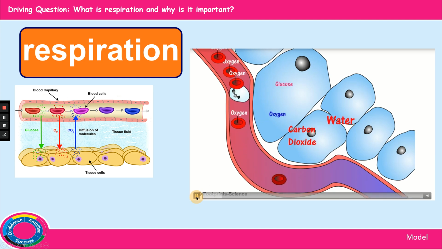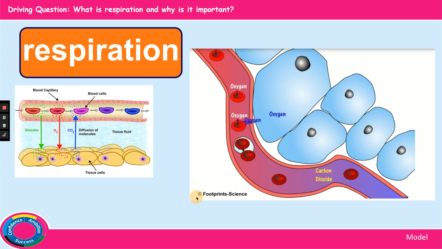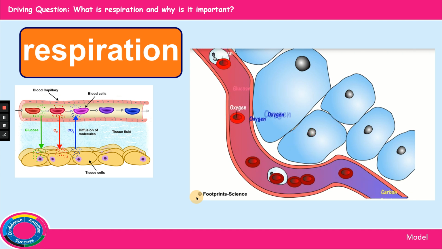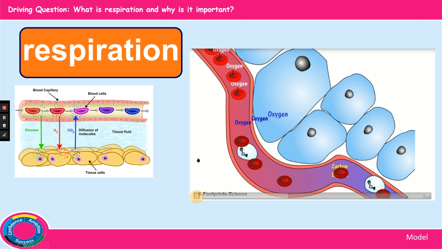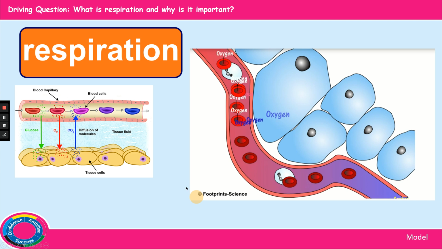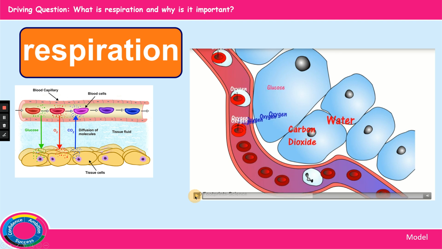Sorry about the sound. Look at the byproducts. What's released? Carbon dioxide and water. Okay, so from a process of diffusion, osmosis, and active transport, we have all these reactants and products moving in and out of the cells. So our glucose and oxygen go in, our carbon dioxide and water come out.